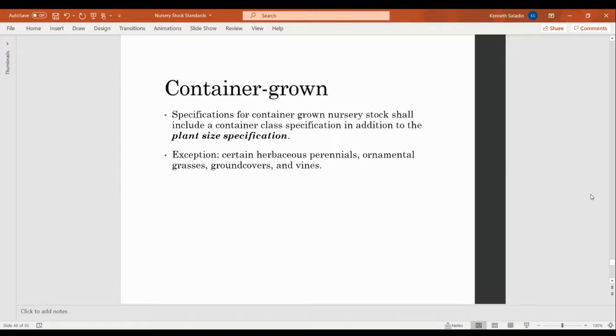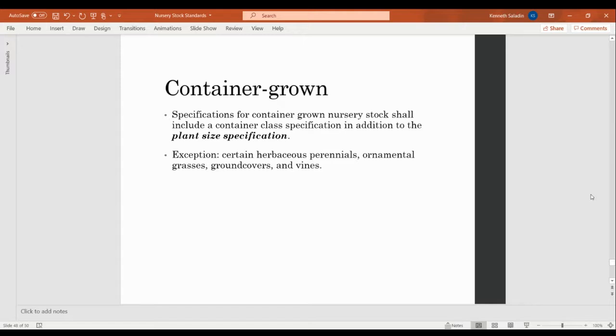This means that when you're selling container grown nursery stock, you need to be able to tell the buyer what size container the plant is in and what grade the plant is. So really two pieces of information. Okay, there are exceptions for certain herbaceous perennials, ornamental grasses, ground covers, and vines.